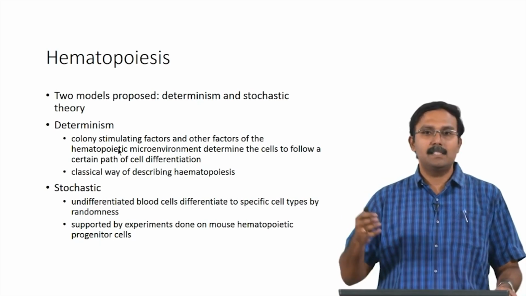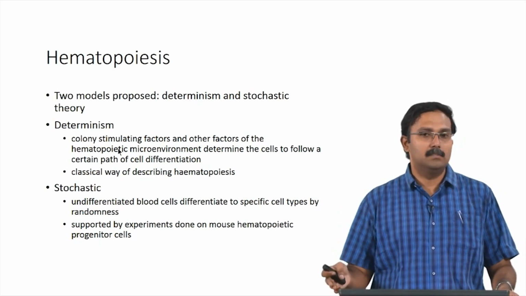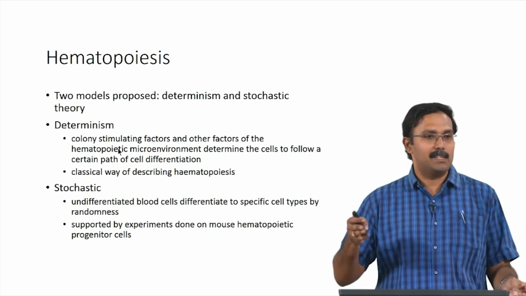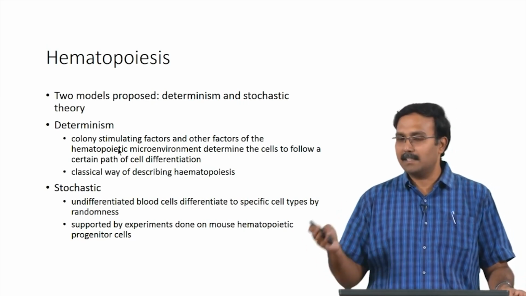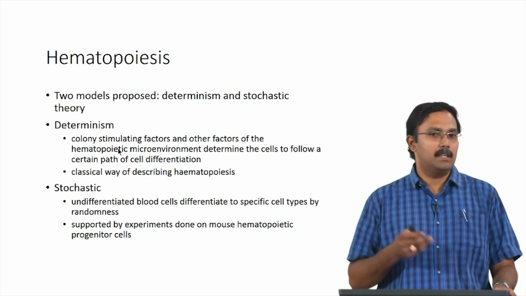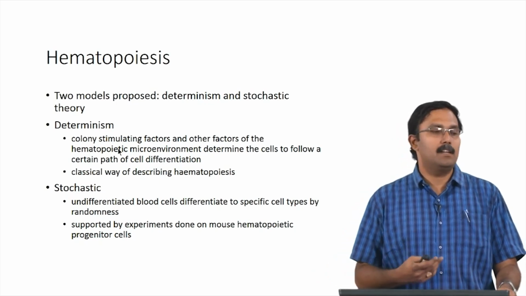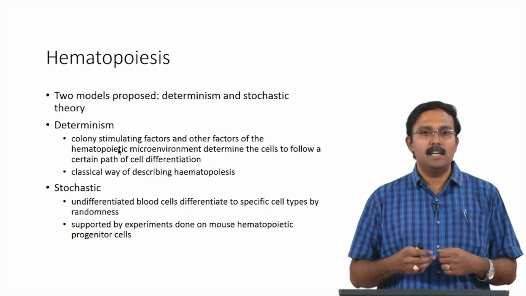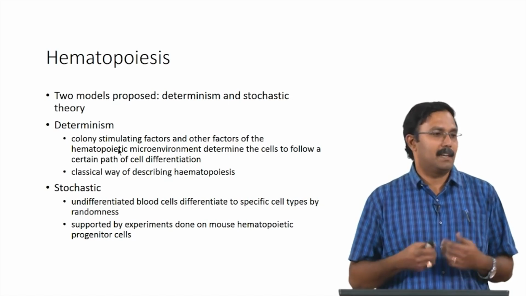This determines the path for the cell differentiation. This is what we have always believed in, and this is the classical pathway. However, recent experiments are supporting the theory of stochastic differentiation. Basically, undifferentiated blood cells can differentiate into specific cell types by randomness.